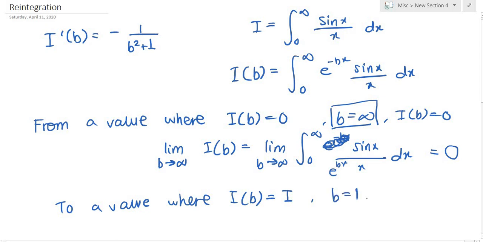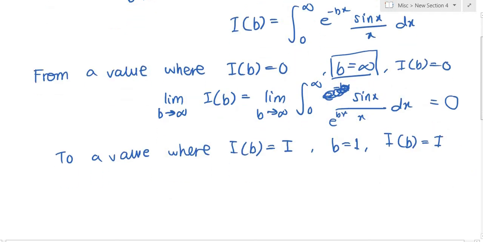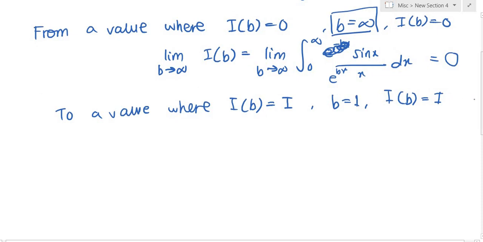So when b is equal to 0, I of b is equal to I. So 1 and infinity are our two bounds of integration. When we are integrating with respect to b, we are integrating I prime of b with respect to b basically. So let's do that now.